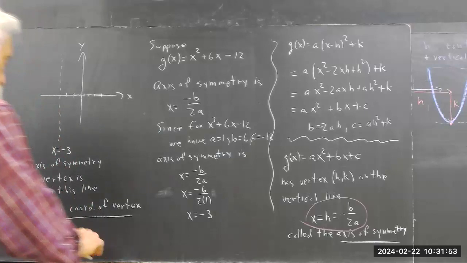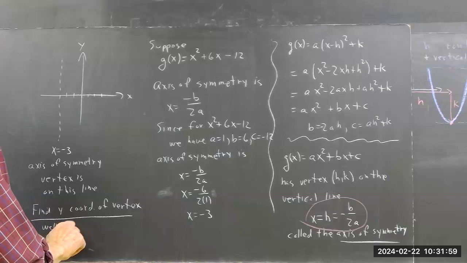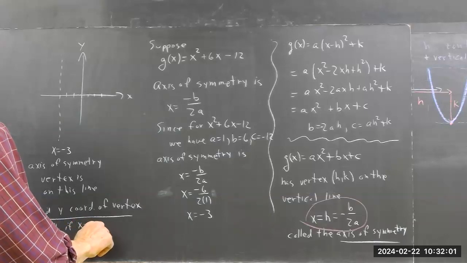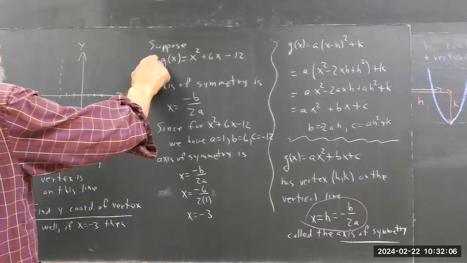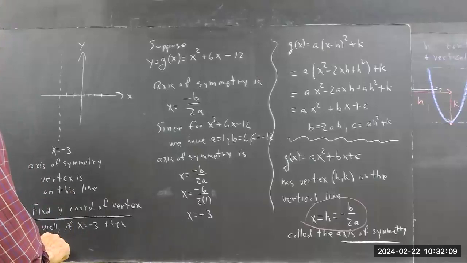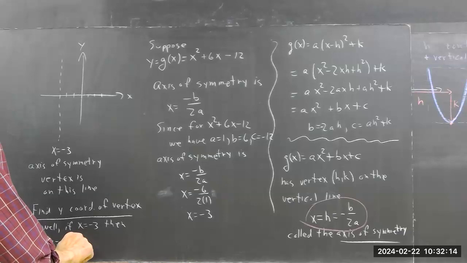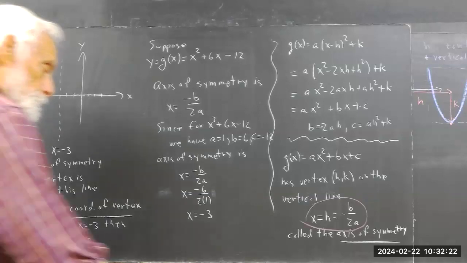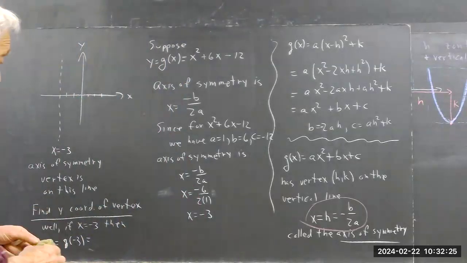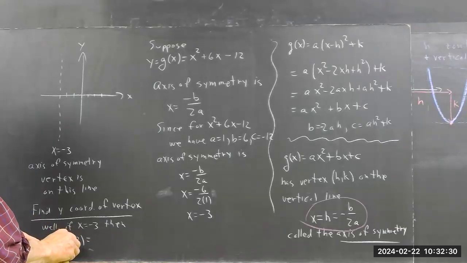To find the y-coordinate of the vertex, you say, well, x equals -3, then this is a function, of course, y equals g of x, y equals g of -3. Every time I try to make that g look better, I make it look worse. But tell me then, what's g of -3? I had something that you could identify as a g, but it looks like a q now.